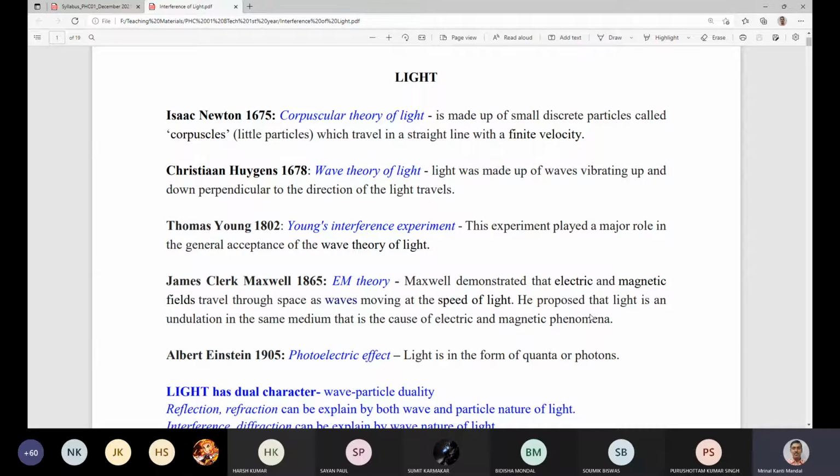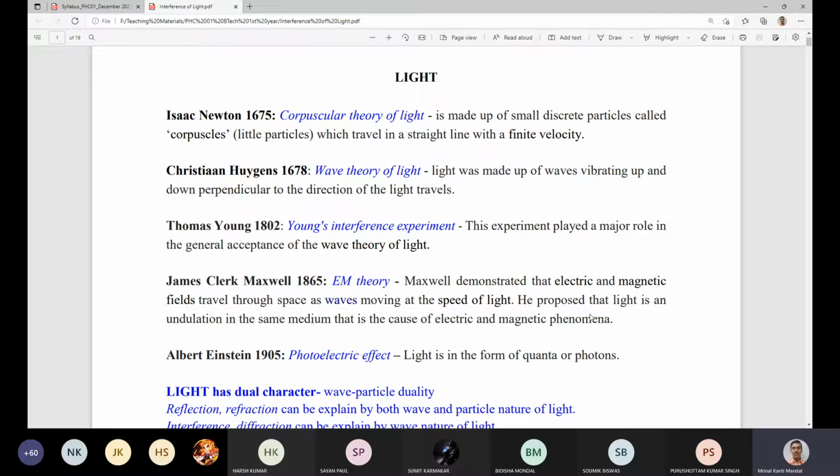So Young explained his experimental observation, the Young double slit experiment, based on the wave theory. Then the wave theory was accepted in the scientific community, but before that it was not accepted. So around 1802, the scientific community accepted the wave theory of light.